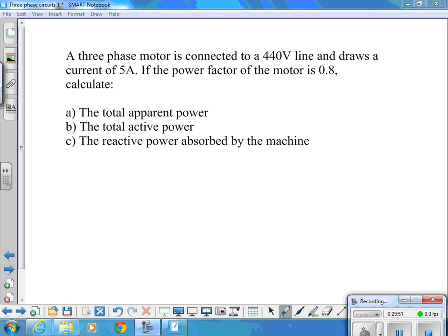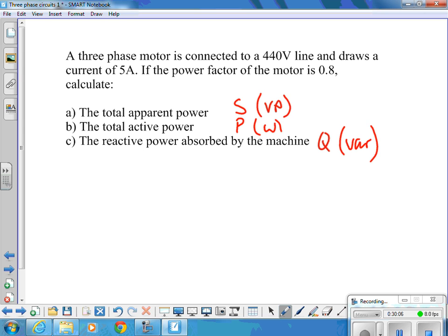So this is S in VA. What about the active power? P in watts. Reactive power? Q in var.